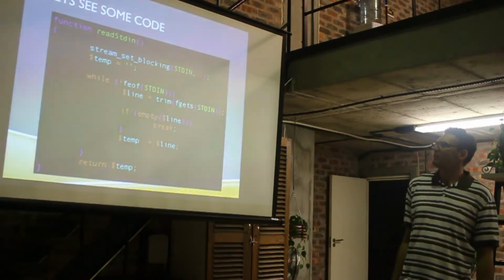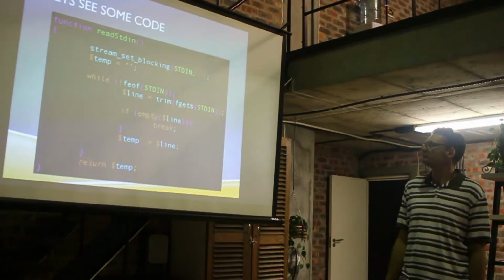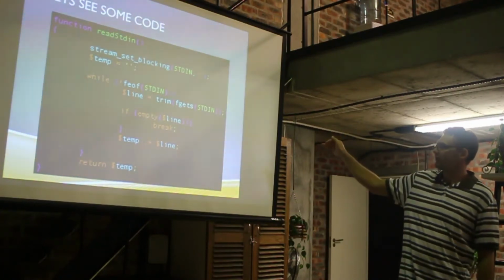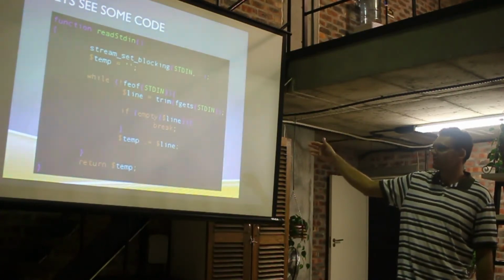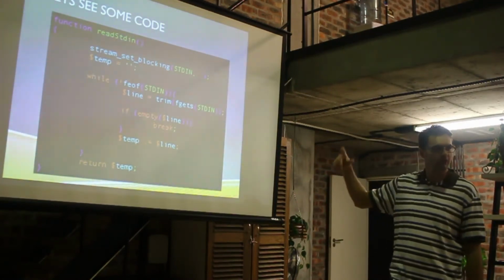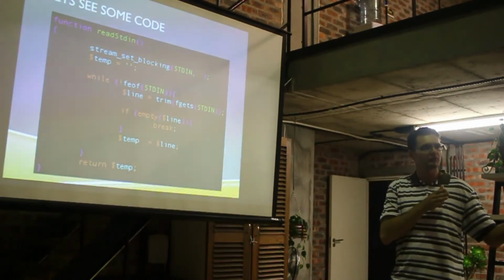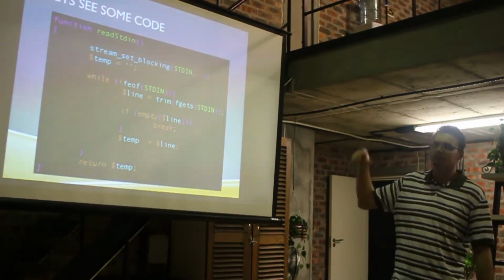I've got a wrapper there and a little while loop, and it's just while it's not end of file, and gets the line as we saw earlier. If it's empty, it just breaks out. I do that so that we can call this periodically, and if nothing actually is sitting waiting for us on the standard input stream, we can just skip straight out and carry on processing.